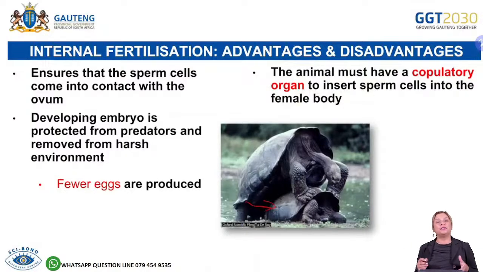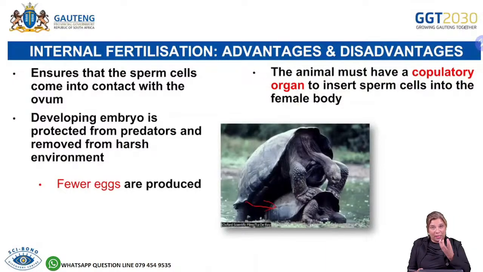So there is also another difference between internal and external fertilization. In the previous scenario, when we spoke about external fertilization, we spoke about the fact that it's an uncontrolled environment. That means it most likely happens in the water, and then there's predators, and there's weather to worry about, there's currents, there's lots of things that can happen. They can be eaten and things like that. So that is a very uncontrolled environment. But if you look at the inside of a female, it is a controlled environment. The developing embryo is protected from predators and removed from the harsh environment.